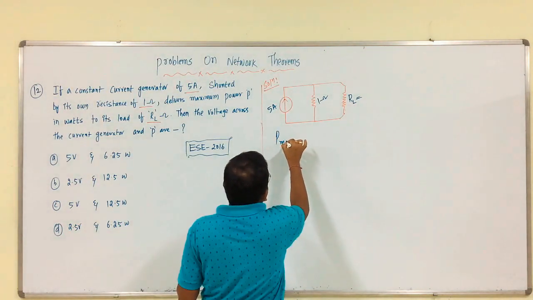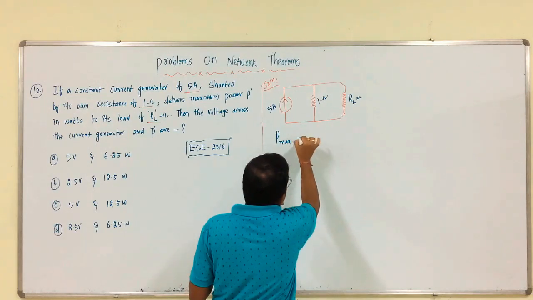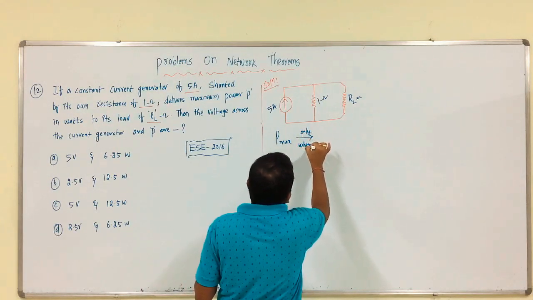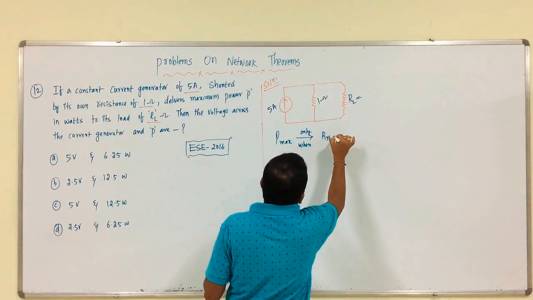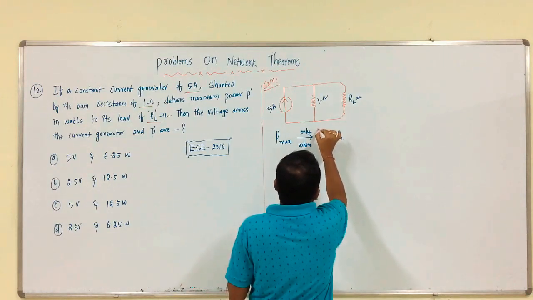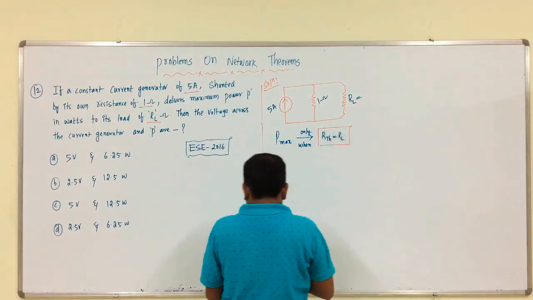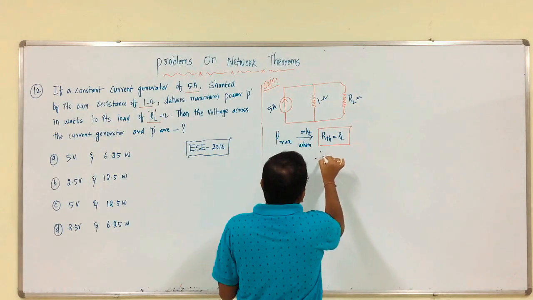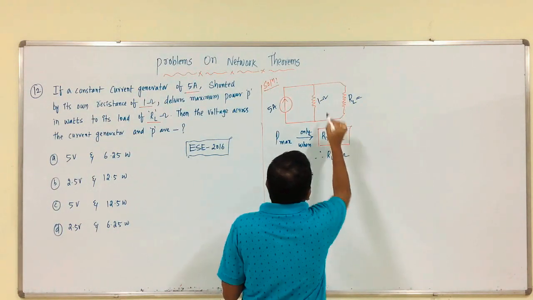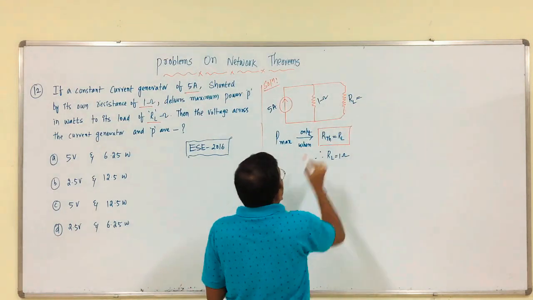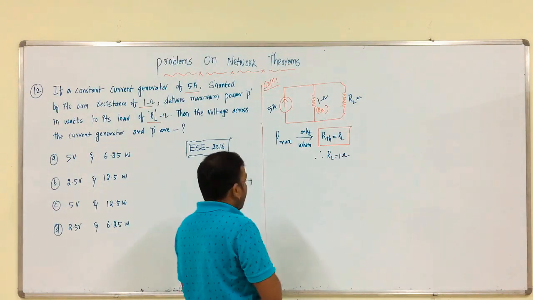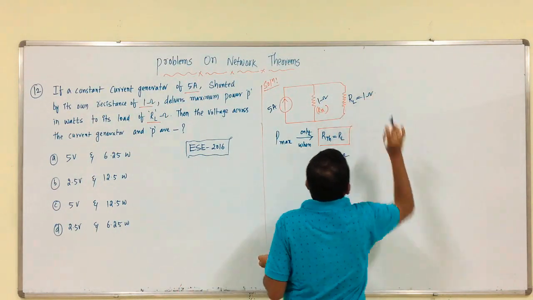P max is present only when RTH is equal to RL, right? Therefore, RL should be equal to what? 1 ohm. This is nothing but RTH, right? Therefore, RL should be equal to 1. That's it.